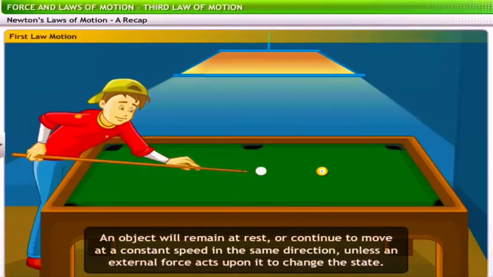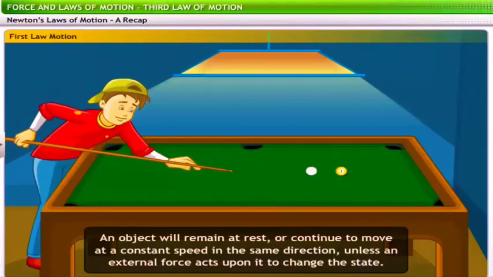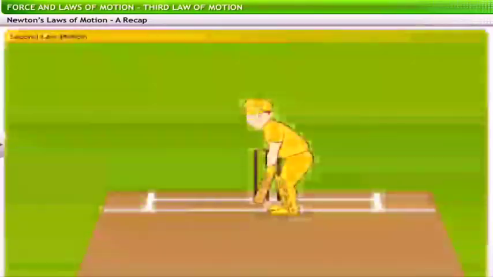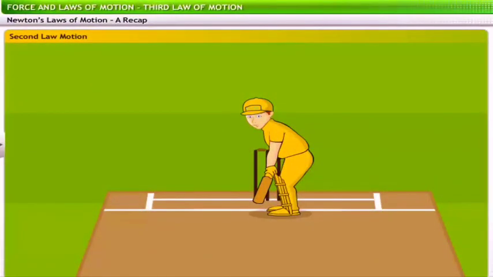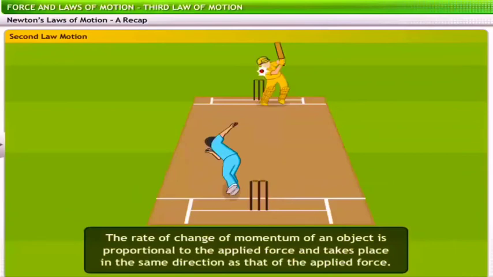Let's quickly summarize the 3 laws of motion. The first law states that an object will remain at rest or continue to move at a constant speed in the same direction unless an external force acts upon it to change the state. Newton's first law of motion gives the concept of force.